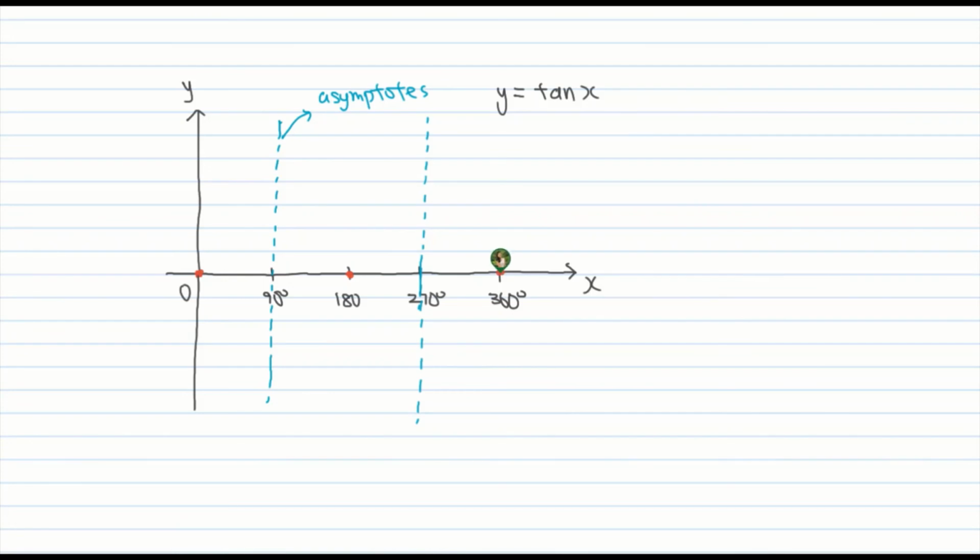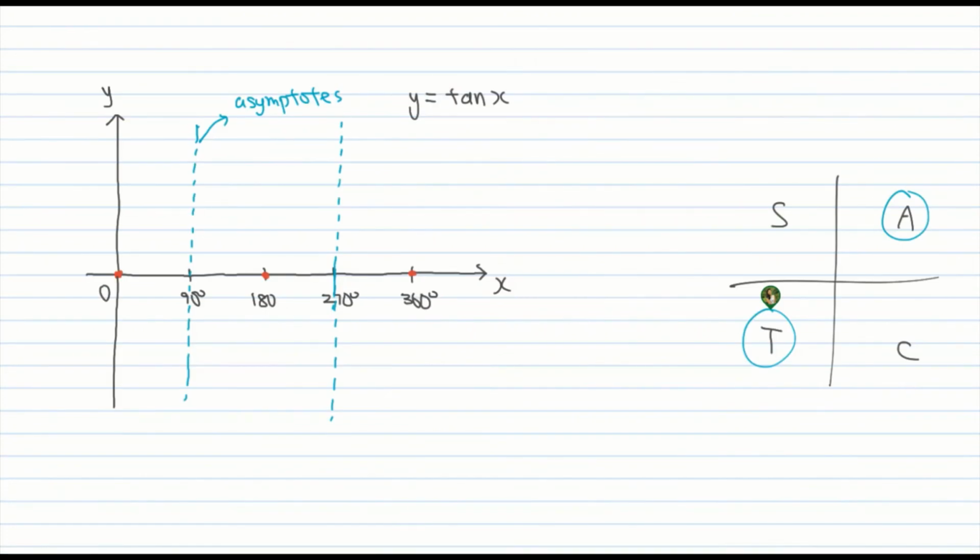Then now, how do we even know what's the shape? Either you memorize, or why not you take a look at the quadrant. Remember the ASTC? What is A, what is S, what is T, what is C? You can tell me which are the quadrants that tangent is positive.